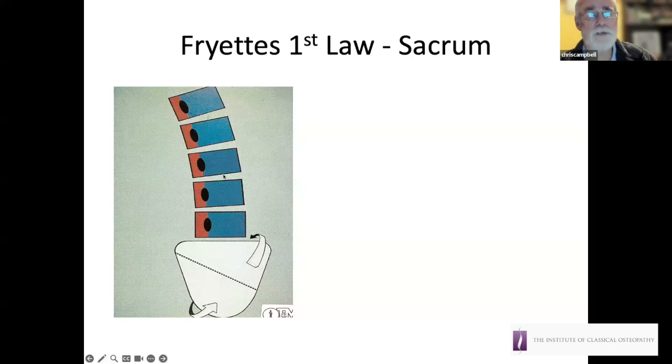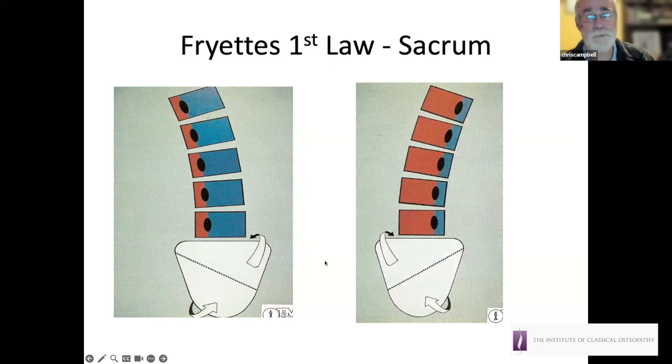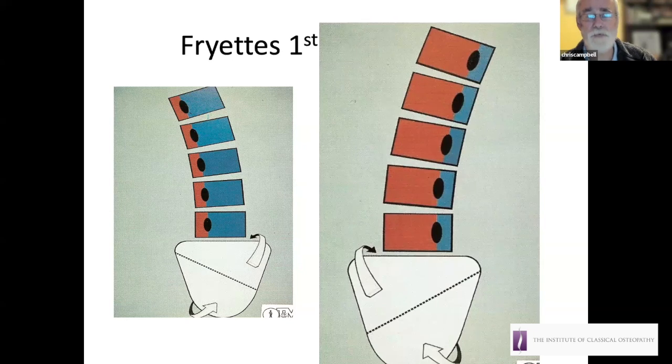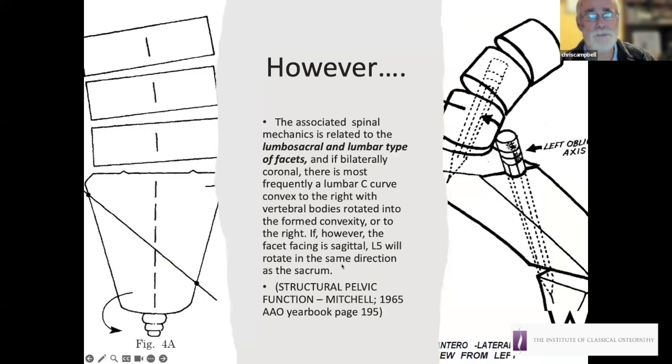And these simple diagrams are often confusing because they don't actually show what happens. They give a simplistic representation of Fryette's laws. Now, in the second, if that was moving, Fryette's second law of the rotation would be in the opposite direction of the sacrum.